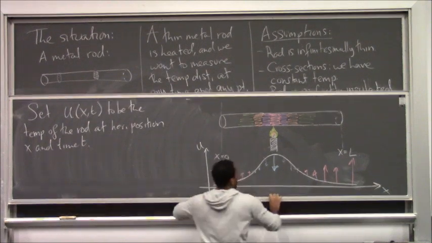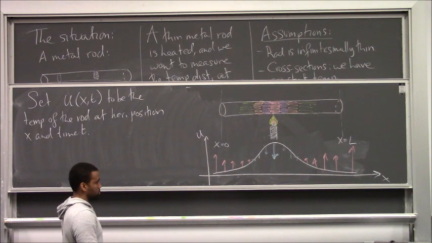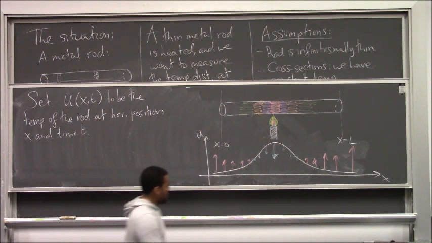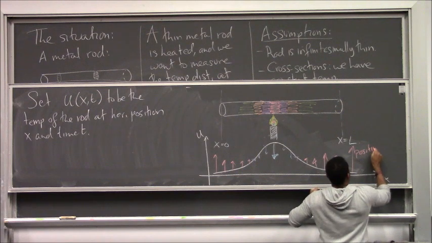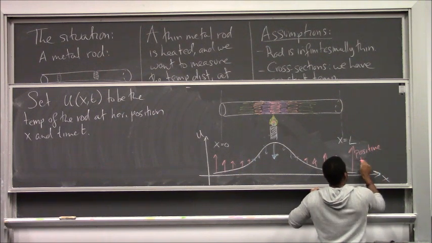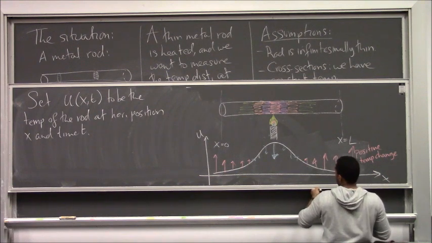Now, here's something you can notice from what's going on here. Here's the stroke of genius. One thing you can know about these arrows is that you have a positive temperature change wherever you see a red arrow.